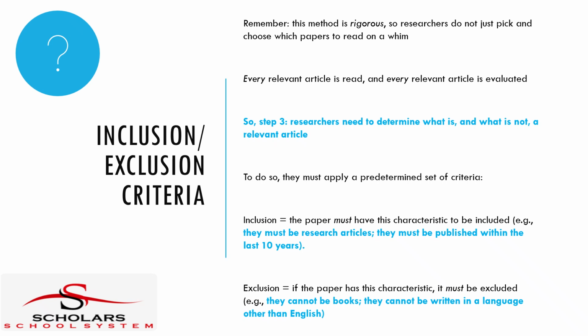So the researchers have to consider both the inclusion and the exclusion criteria. So what is the inclusion criteria? That means they have to select authentic papers that should be research articles.